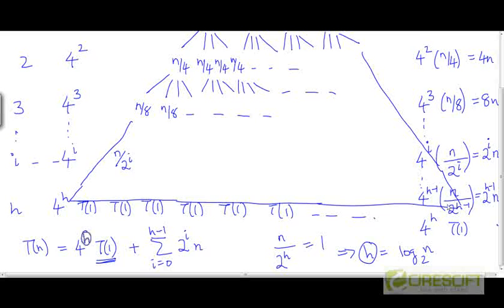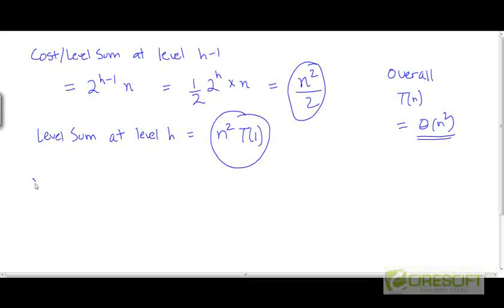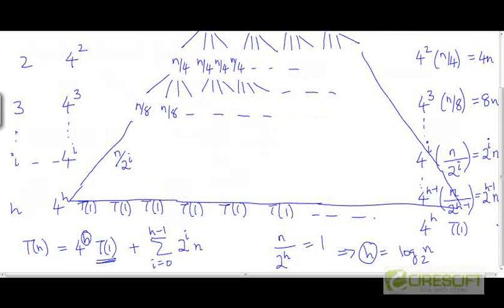If you calculate what n by 2 to the power h minus 1 is, let's do that, n by 2 to the power h minus 1 is going to be n divided by half of 2 to the power h, which is 2n divided by 2 to the power h. 2 to the power h is n, and so this is equal to 2. So the cost of each node is going down by a factor of 2 at every level, and at the penultimate level it is exactly equal to 2.